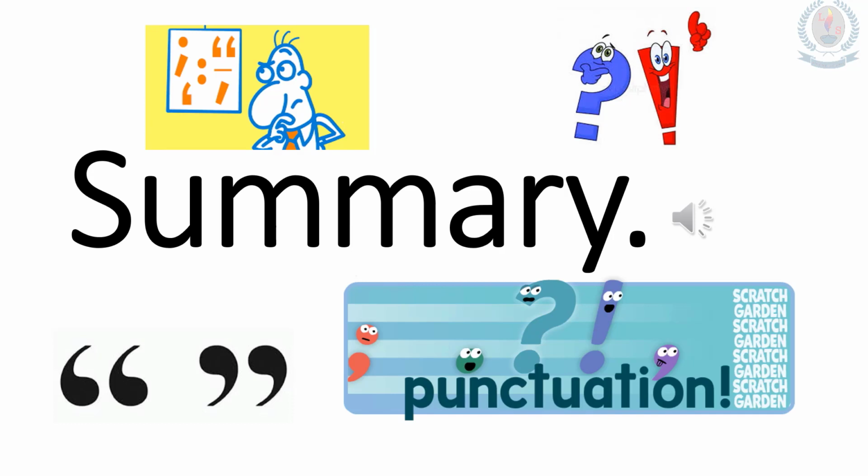That's why you should remember your punctuation after the spoken words. So hope you understood this lesson, how to insert the speech marks around the actual words that are spoken by someone. Now you can pause the video and go through the exercises.